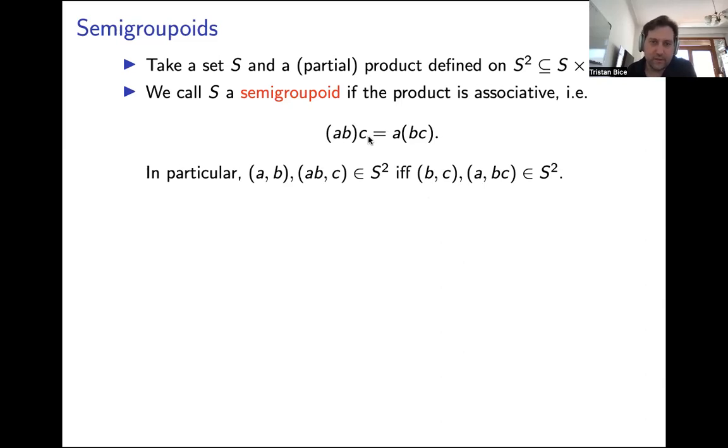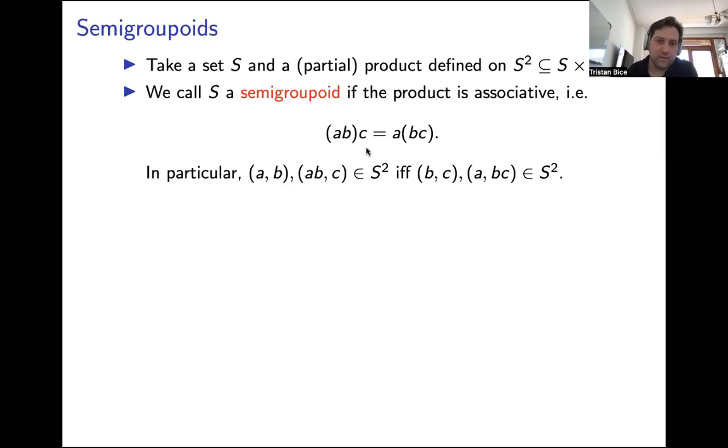If you have a triple product, ABC, it doesn't matter if you take the product of AB first and then multiply by C, or the product of BC first and then multiply by A on the left. You do have to be just a tiny bit careful here, because we're only assuming it's a partial product. We're not assuming it's defined on every pair of elements in S. We have this distinguished set, which I'm denoting by S2 here, which tells you exactly the pairs for which the product is actually defined.